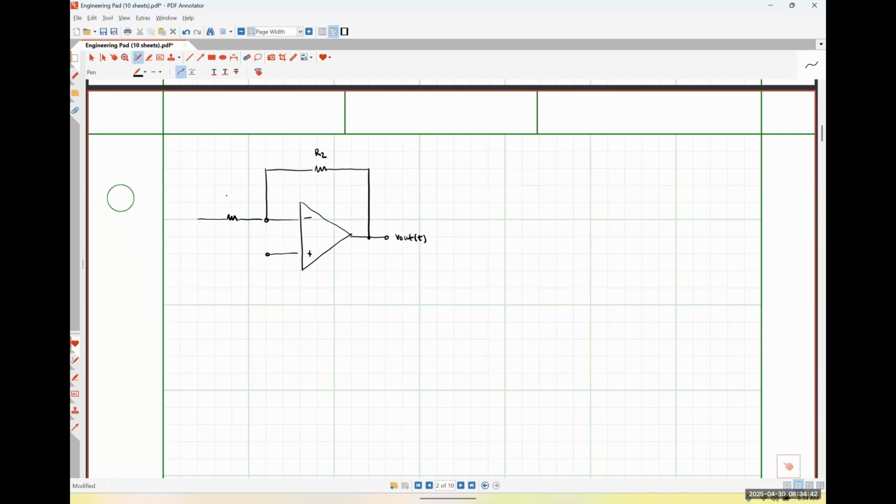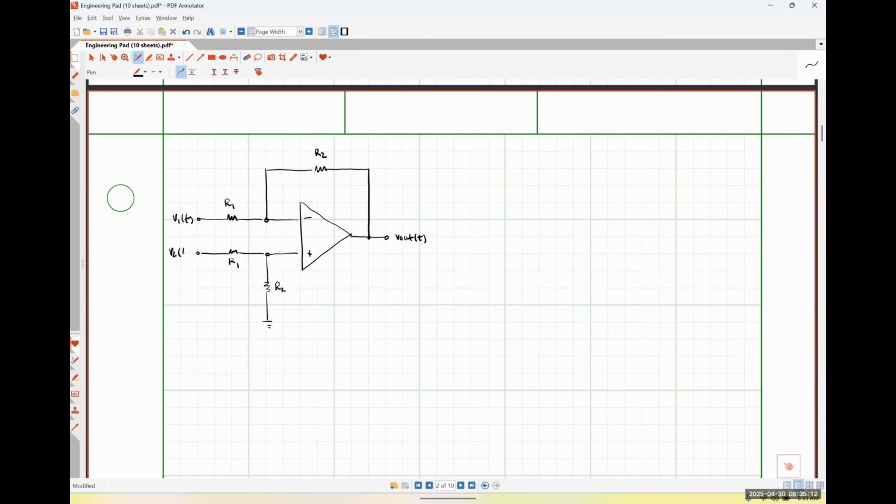Here's a resistance R1, and this is going to be an input signal, V1, as a function of time. And what I'm going to do on the non-inverting side is put another resistor network, okay? So I might have a second resistor R2 here, and a second resistor R1 here.